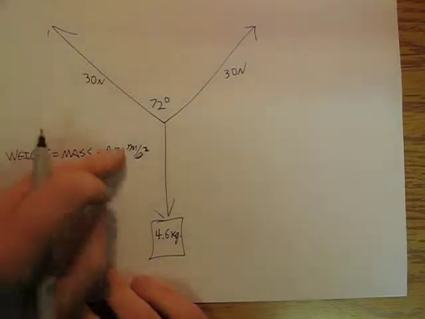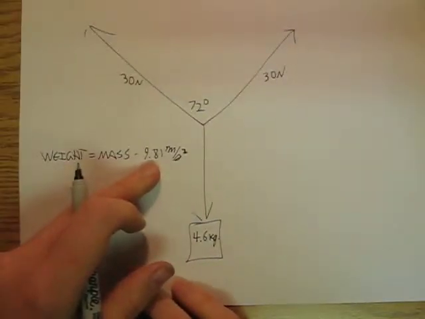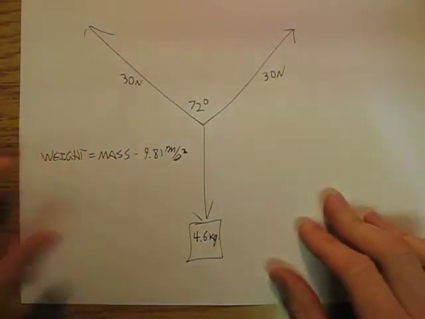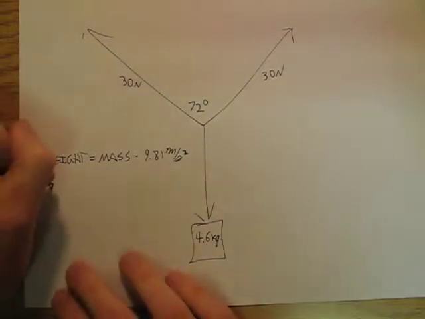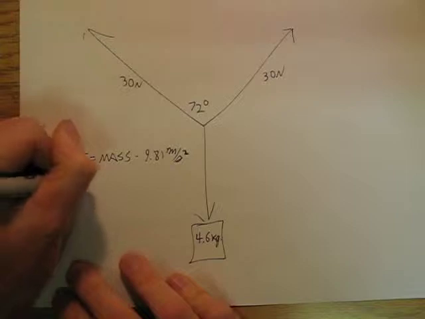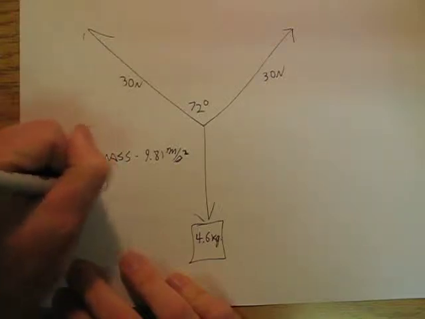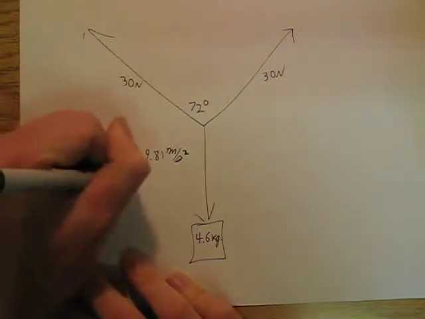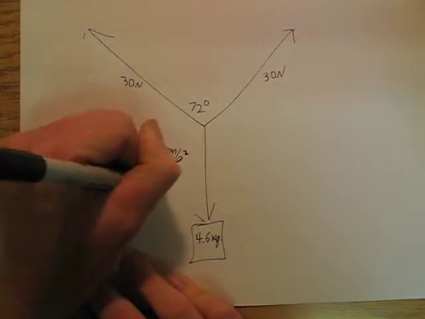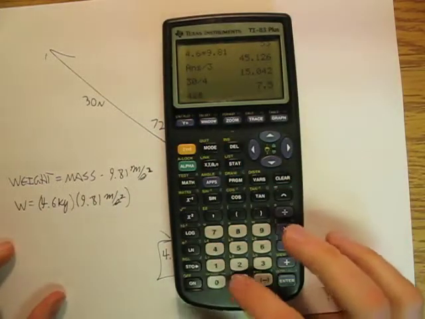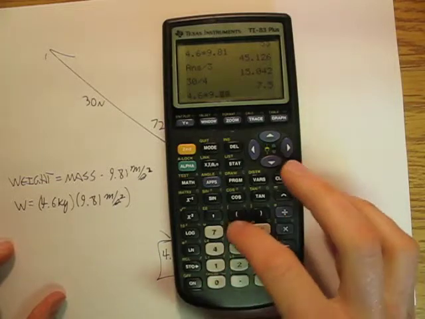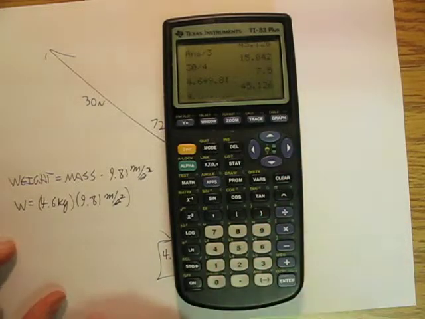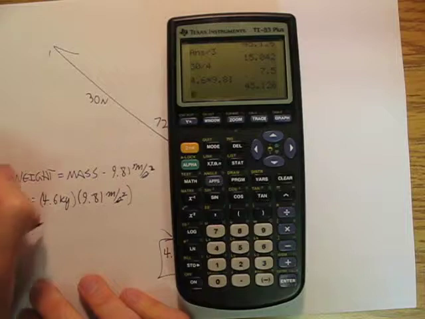You just multiply by the acceleration due to gravity to convert a mass into a weight. So my weight is going to be 4.6 kilograms times 9.81 meters per second squared, and I'm going to get, we'll call it, 45 newtons.